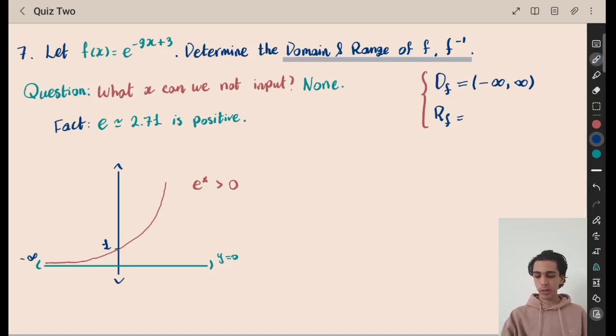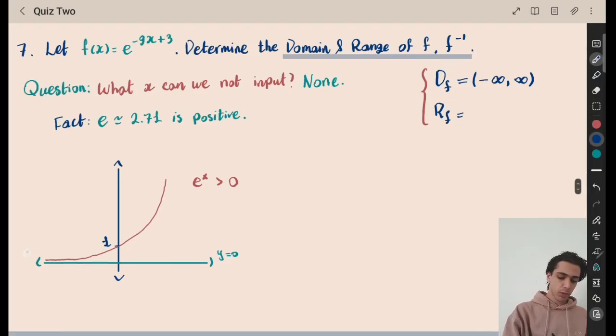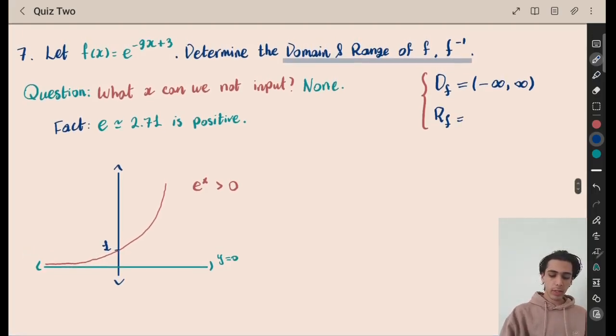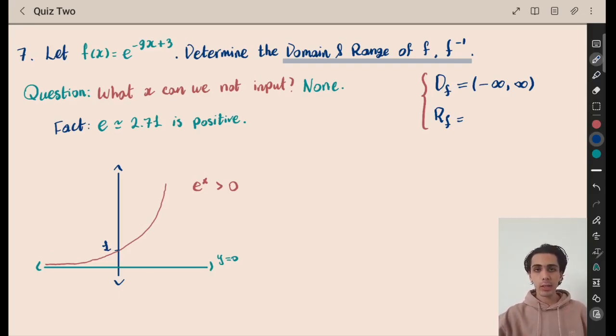We'll discuss this next week, but this is what you need to know for now. So as we get very small values of x, say 0.000000001, the value of e to the x gets smaller, but it never goes below 0. Because if you're multiplying a positive number by itself, then it should always be positive.